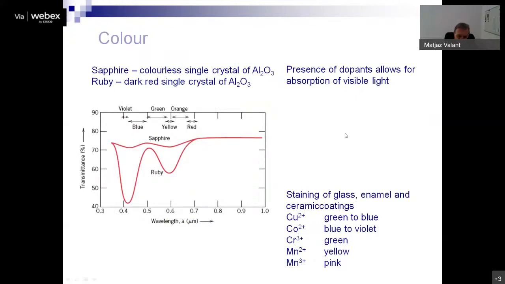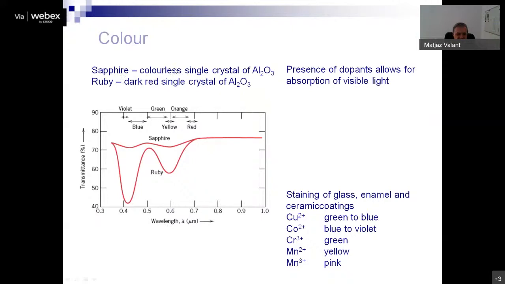And again, here we have to talk about defects in the systems. For instance, here we can talk about the extrinsic point defects, impurities. And I'll give you an example. Sapphire and ruby are both aluminum oxide crystals.